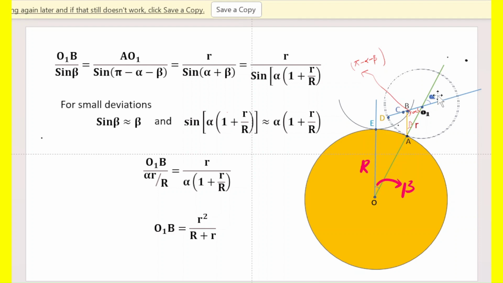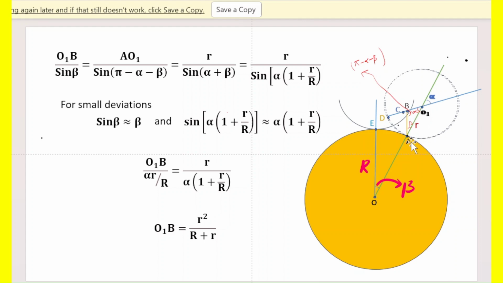Now this angle is alpha. Inside the triangle at O1, the angle is alpha. At point B, inside the triangle, the angle is pi minus alpha minus beta. For this triangle, we require the BO1 length that we have to find out.